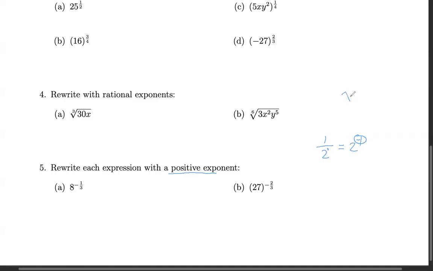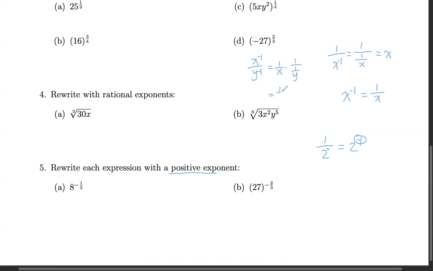If we have x raised to -1, the definition means this is 1 over x. But if we have 1 over x raised to -1, that becomes 1 over 1 over x, which is just x. So if we have x raised to -1 and y raised to -1 in the denominator, x raised to -1 becomes 1 over x, and y raised to -1 in the denominator becomes 1 over 1 over y.